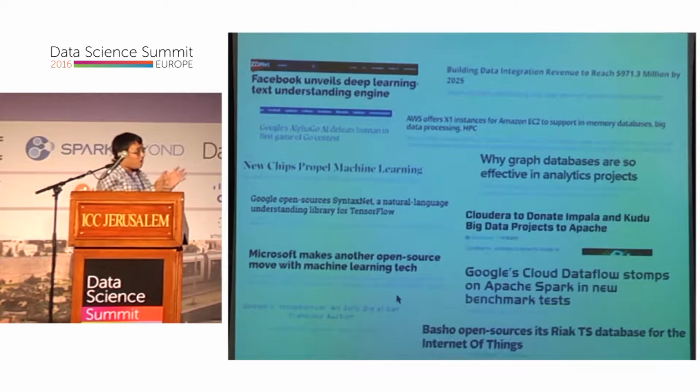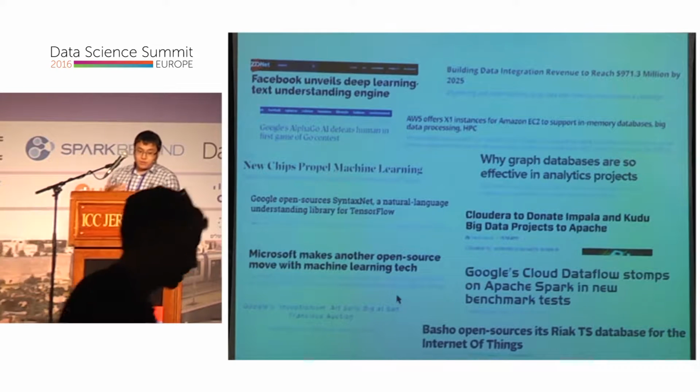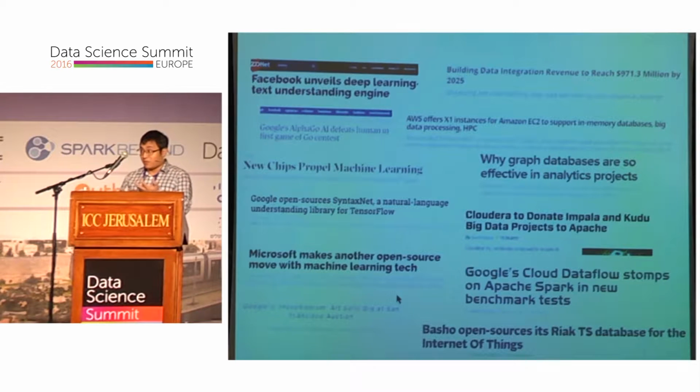Now, fast forward just one year later, you can see a lot of development in the deep learning space. Google, Facebook, and Microsoft are the big players. On the left, there are a lot of headlines on deep learning, where one company releases one technique and another company tries to match it with another release.